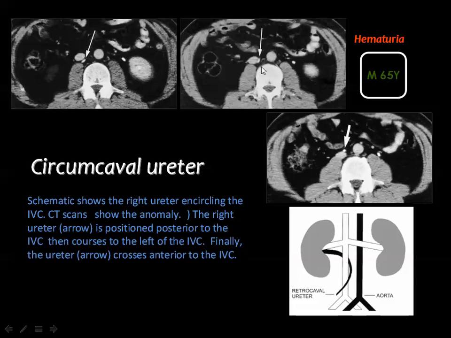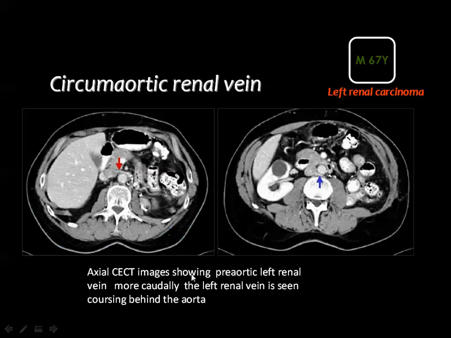And in this section, it is along its medial aspect, and here it is along the anterior aspect. This is what we call the circumcaval ureter, and this is one of the causes of some blood pressure changes on the right side. This is also a circumaortic renal vein.